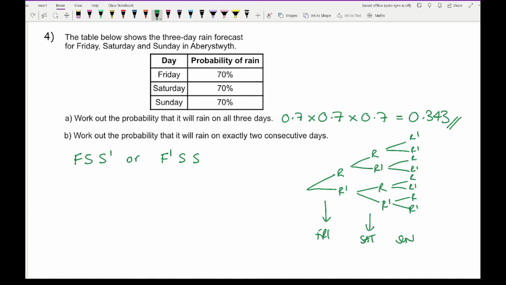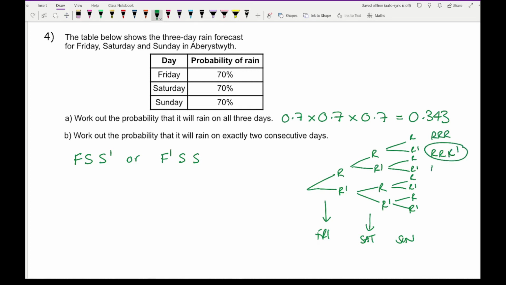Now, for it to be 2 consecutive days, I need 2 R's joined together in the final outcome. So this would be one of them, because I've got my 2 R's. This one wouldn't, or this one would rather. Well, I don't actually have to, I may have labelled that one wrong. That should be R there, and that should be R, and that should be R. So that one is fine.